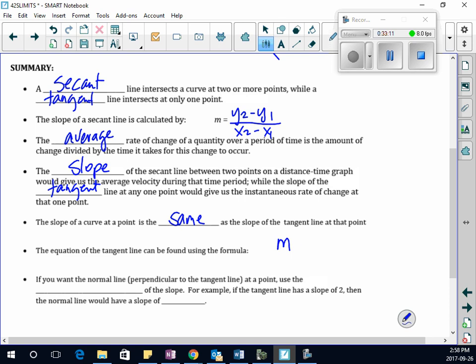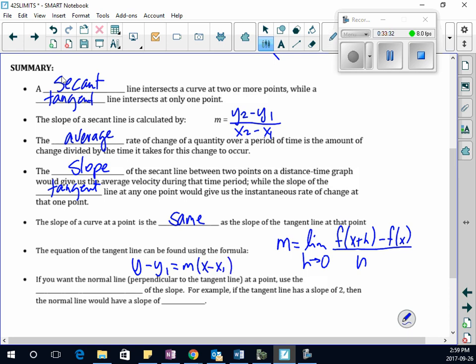The slope is equal to the limit as h goes to 0 of f of x plus h minus f of x divided by h. And then if we wanted to find the equation, it is y minus y1 equals slope times x minus x1, right?